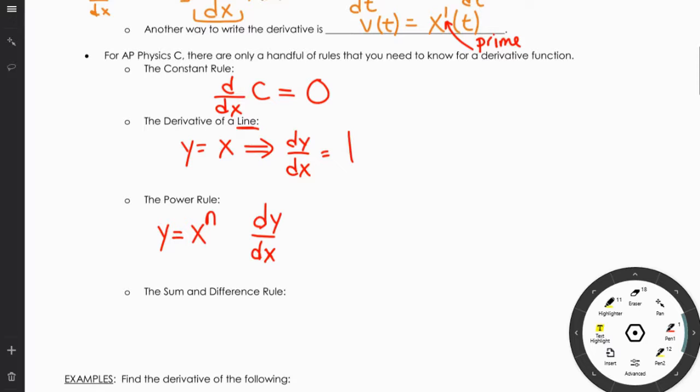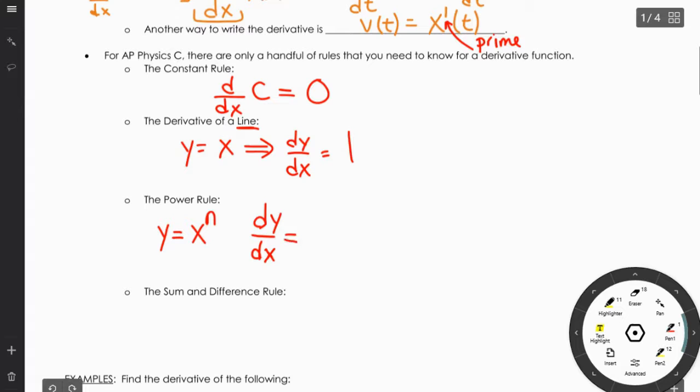The top part, the y portion, is my function. If I'm looking specifically at physics and finding the acceleration, this becomes a v, because acceleration is the rate of change of velocity, and this becomes a t, because my x variable would be time.